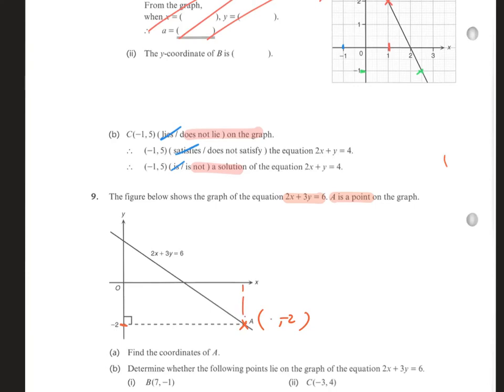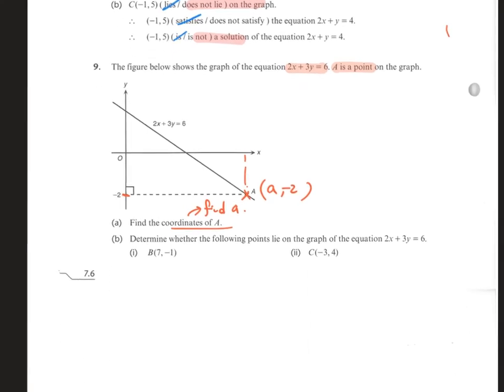So for my convenience, I will call (a, minus 2) the coordinates of A. In part a, I'm asking you to find the coordinates of A. In other words, I need to find out what a is first, so that I can look at the points clearly. As a result, first of all, I will let A be (a, minus 2), because the letter a is not mentioned before, I need to let it first.